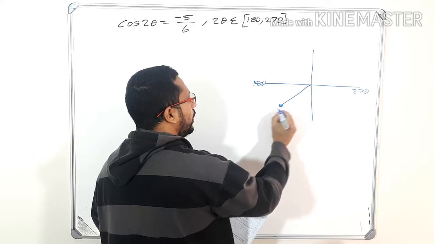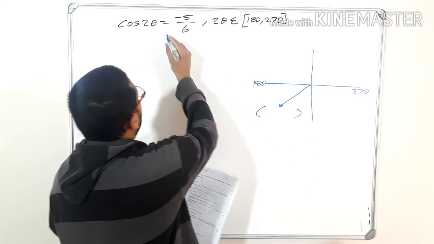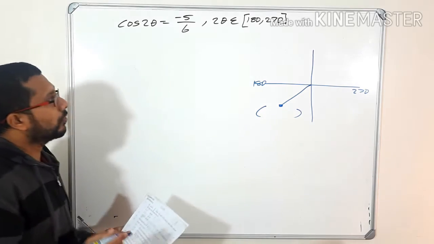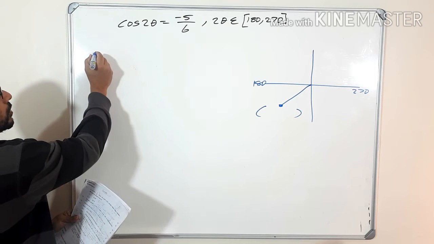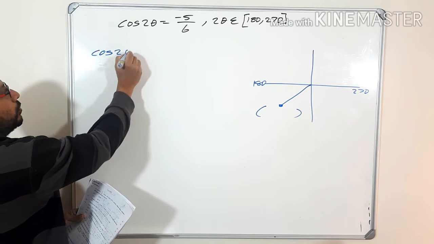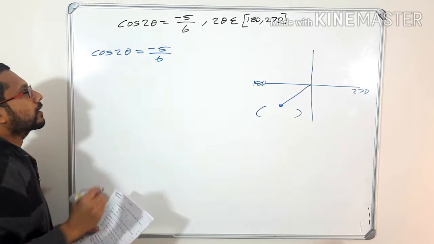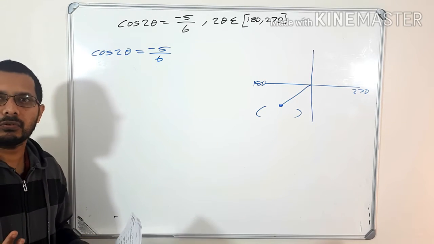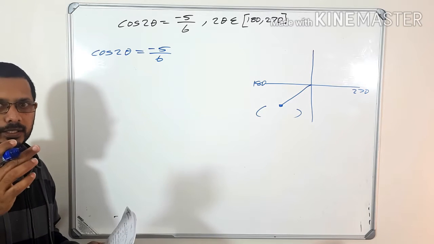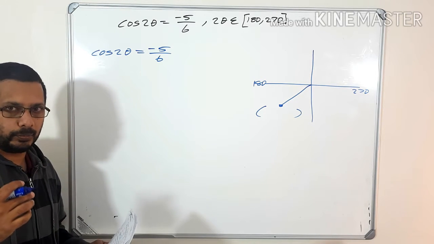So on the third quadrant, this is that point. What is the definition of cos 2 theta? Cos 2 theta is equal to minus 5 over 6. The definition of cos theta is adjacent side divided by hypotenuse.